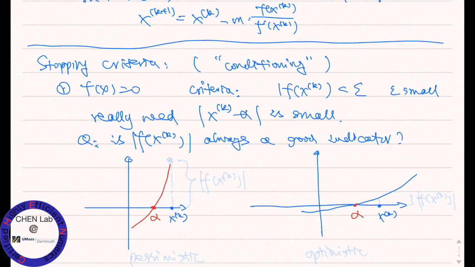And if you look at that height, that is f of xk. Over here is this guy. This guy is our f of xk, right? Does that make sense?